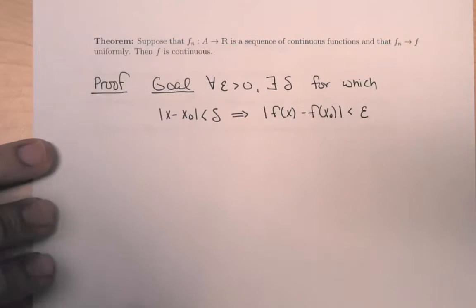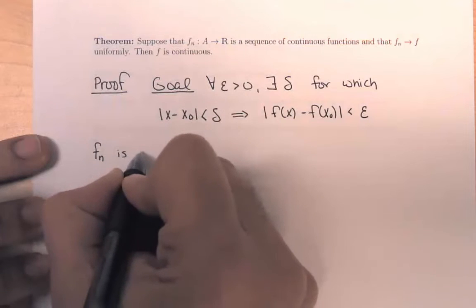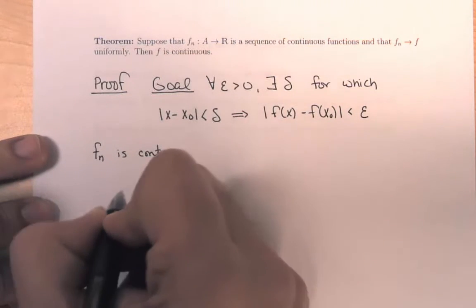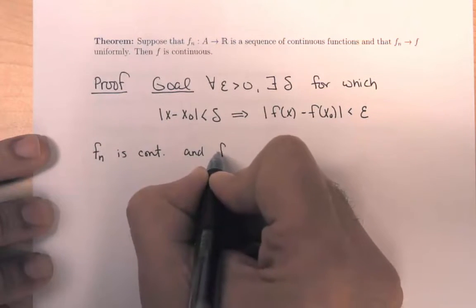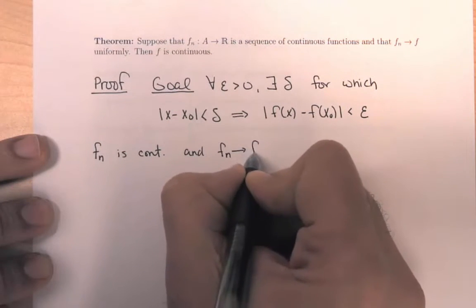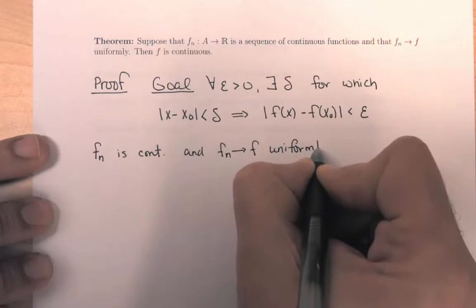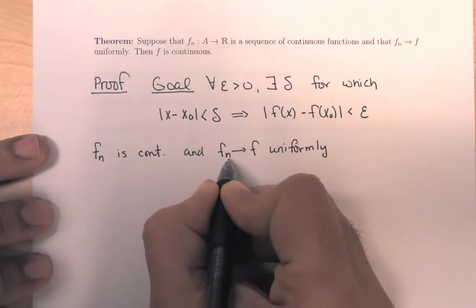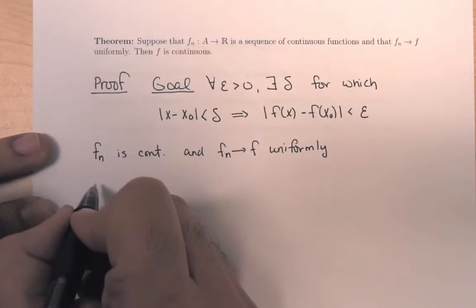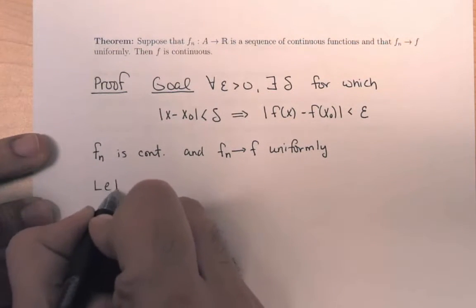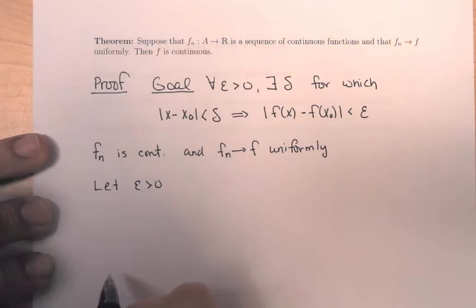Now, what do we know? We know that fn is continuous, and we know that fn converges to f uniformly. Well, let's take a look at this result. Let epsilon be positive and of course arbitrary.